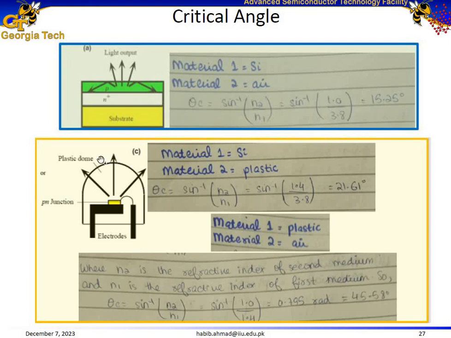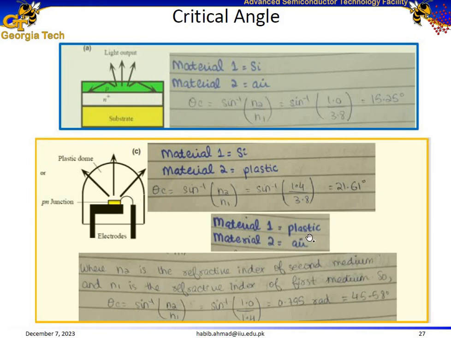Now consider another configuration in which this light emitting diode is encapsulated by a plastic dome. For this, first light has to escape from the semiconductor into the plastic dome, and for that the critical angle comes out to be 21.61 degrees, which is much greater as compared to the first configuration. And then light has to transmit to the outer environment, to the air from the plastic dome.